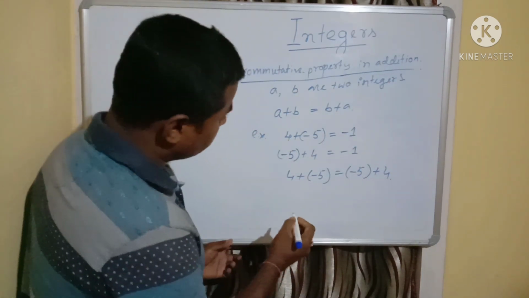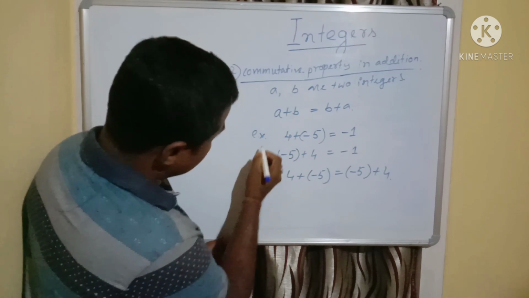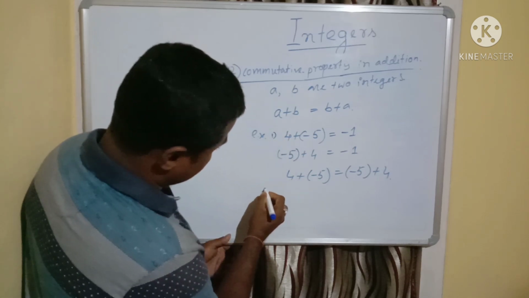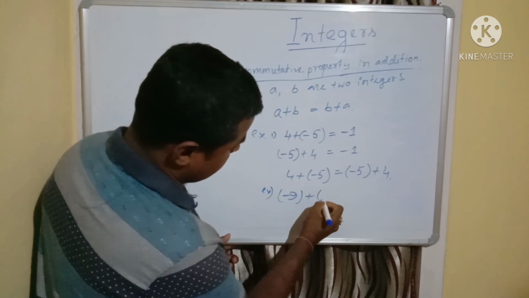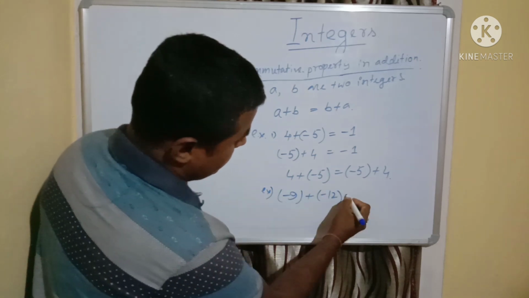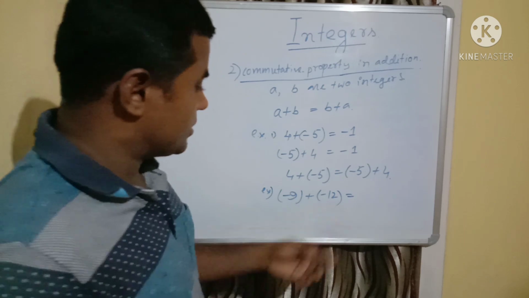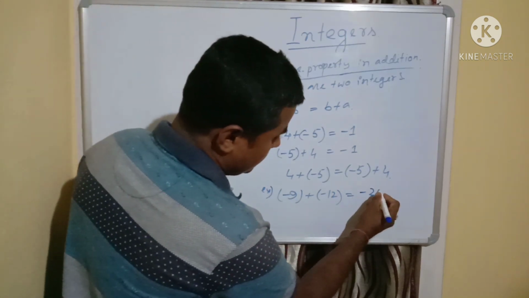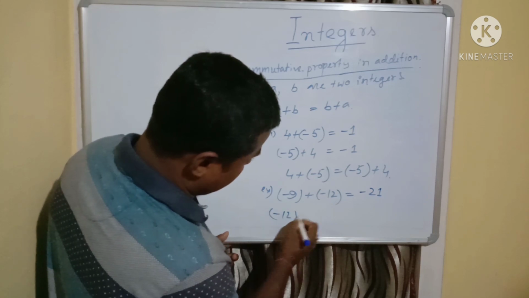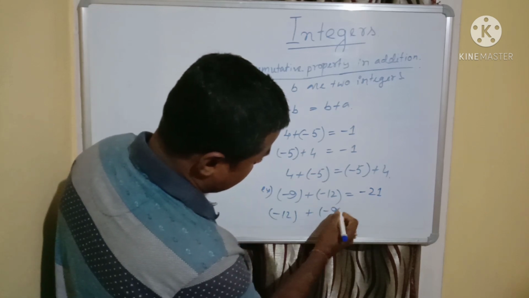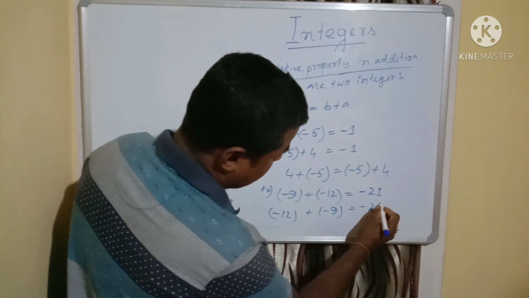Example 2: minus 9 plus minus 12 is minus 21, and minus 12 plus minus 9 is also minus 21.